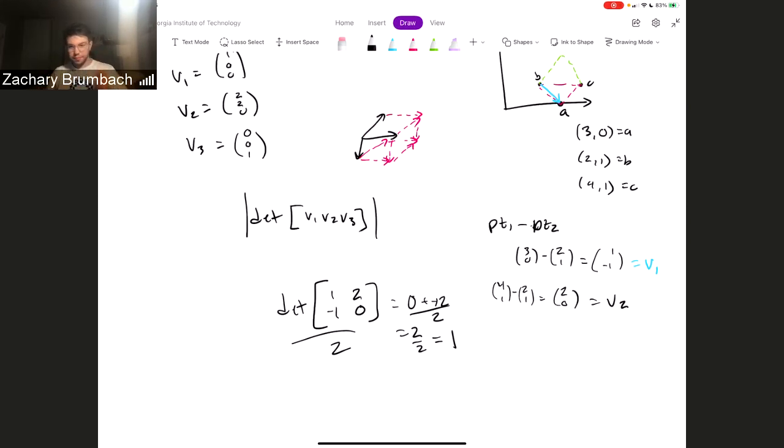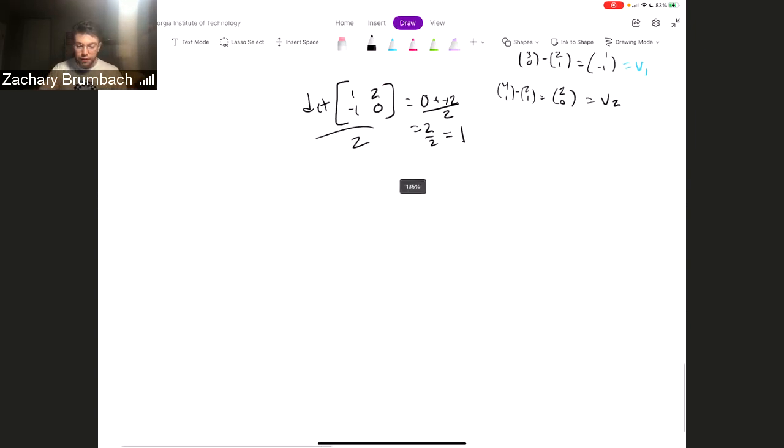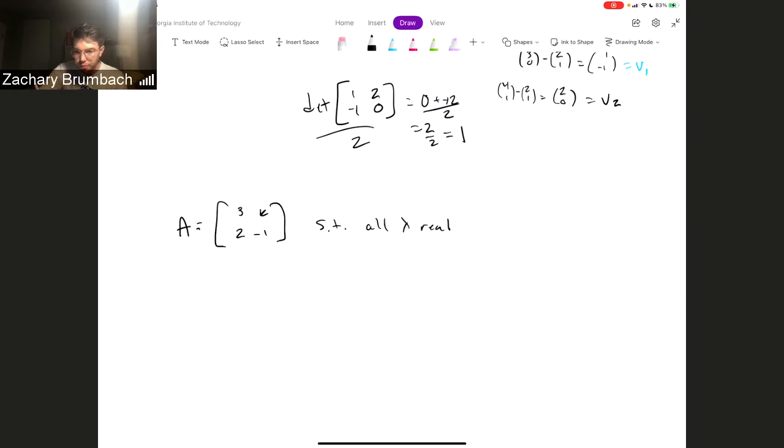All right, let's talk about eigenvalues, eigenvectors, and characteristic polynomials now. In this case, someone gives the matrix with entries 3, k, and negative 1, such that for all real lambda, A is not diagonalizable.